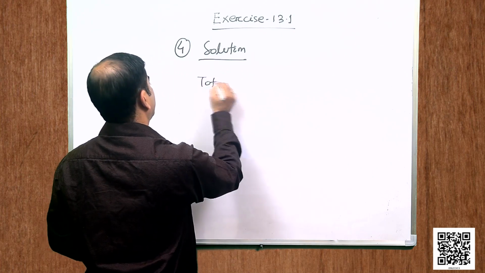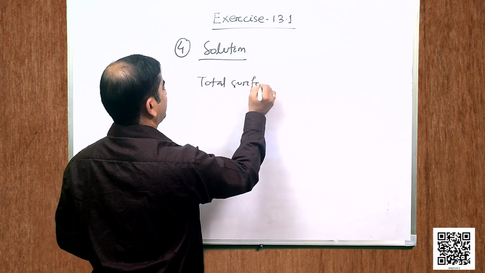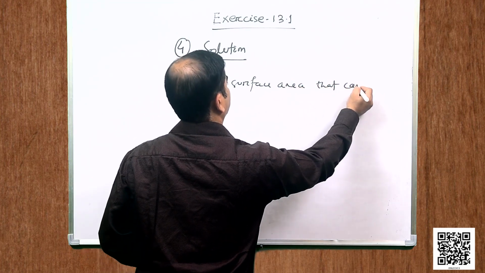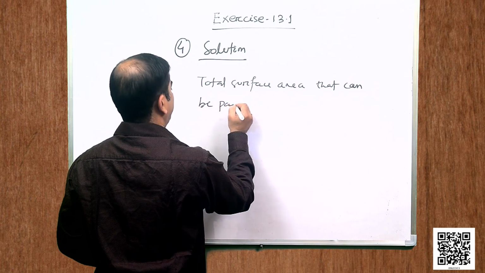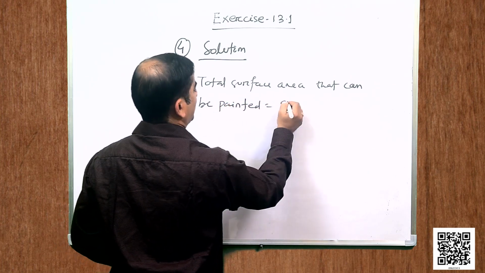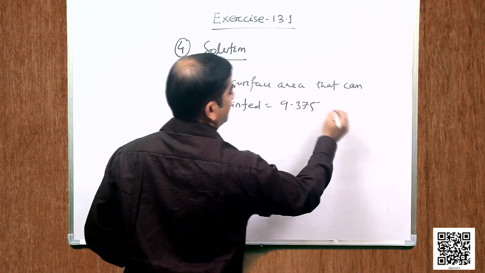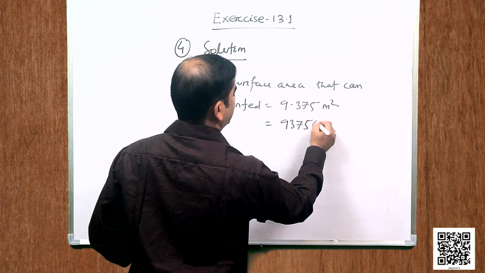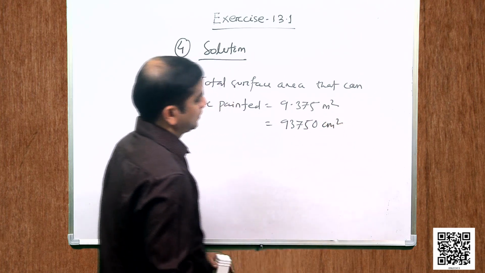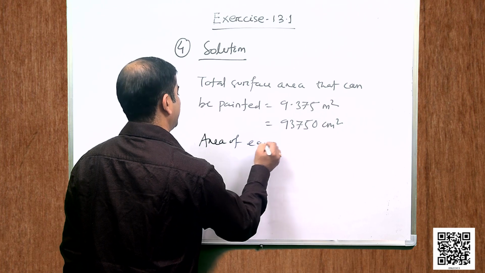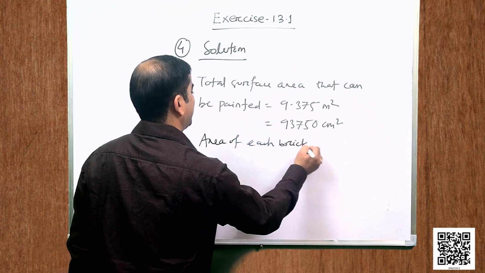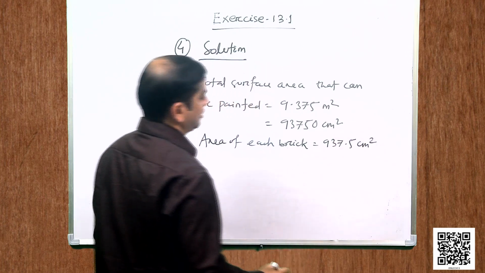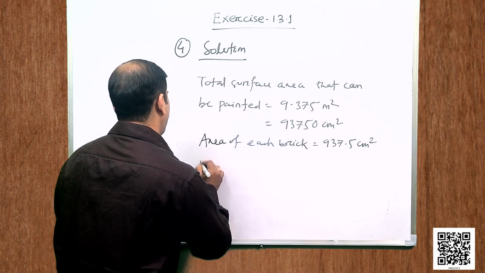The total surface area that can be painted is equal to 9.375 meter square, that is equal to 93750 centimeter square. The area of each brick is equal to 937.5 centimeter square.